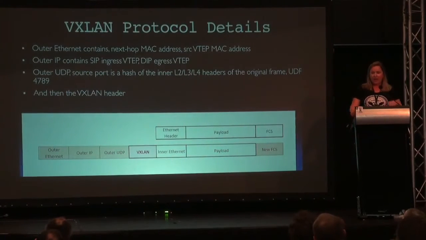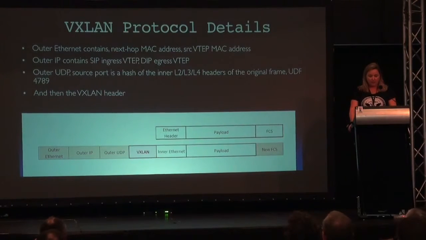So looking more at how the VXLAN fits into the frame, because this is how you'll lay it out in Scapy if you wanted to start trying out attacks. So the outer Ethernet contains the next hop MAC address and the source VTEP MAC address. The outer IP contains the source IP for the ingress VTEP and the destination IP for the egress VTEP.